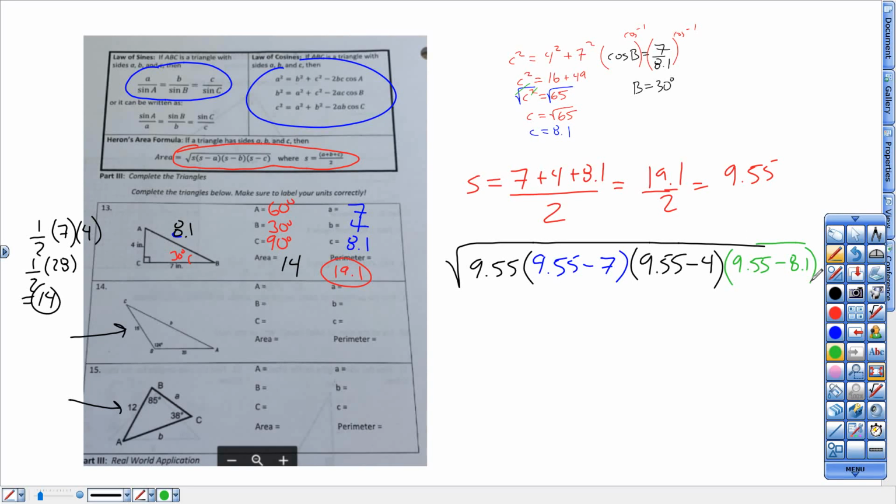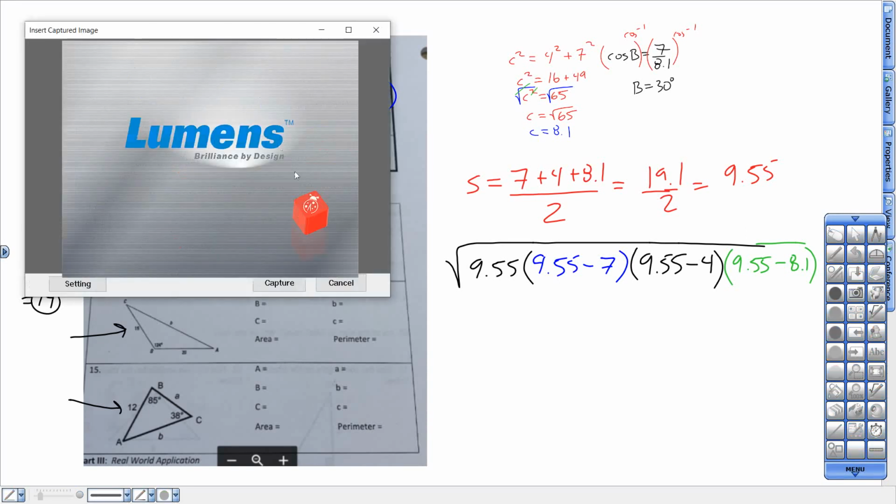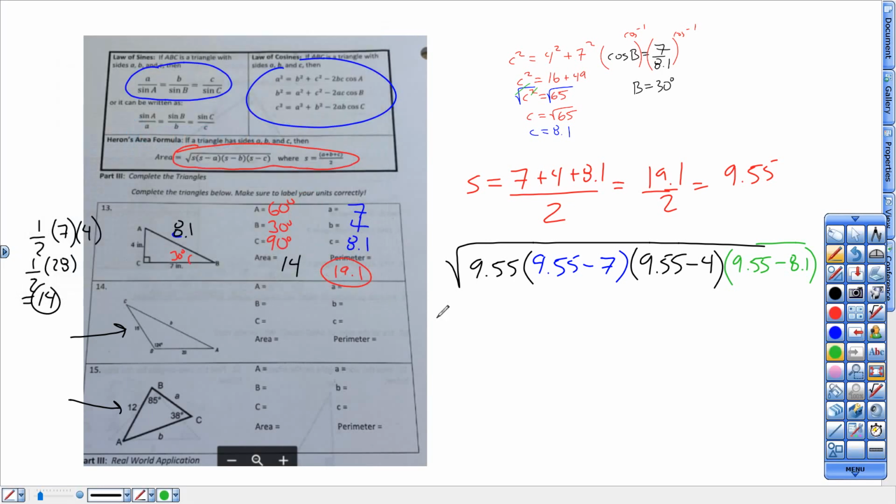Maybe I got to do, let me show you the buttons I'm pressing. Oh, that's not going to work. So I think I got to do square root button, and then you got to hit double parentheses in there, I think. So let's try that again. So square root button, double parentheses, put 9.55 in there.